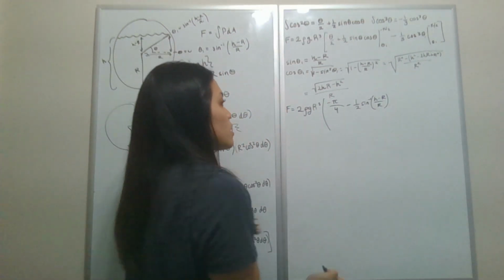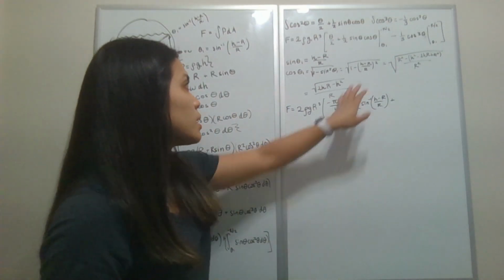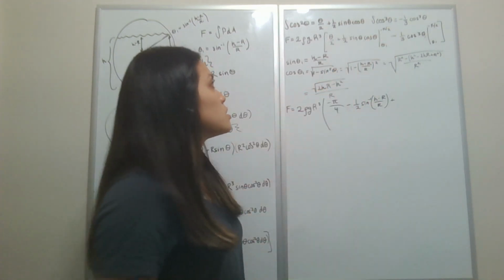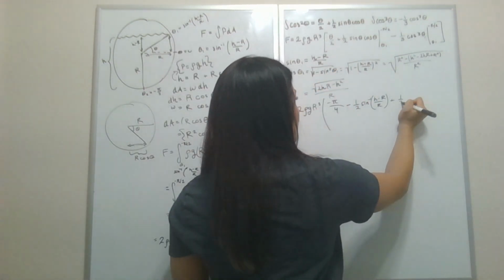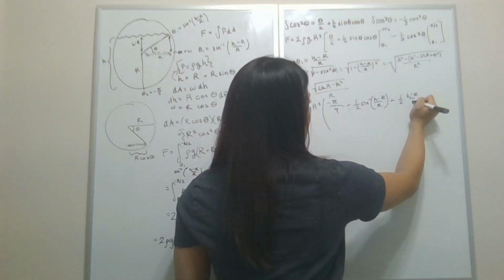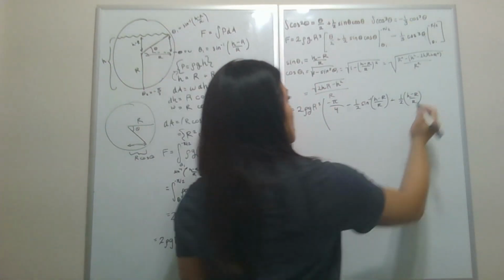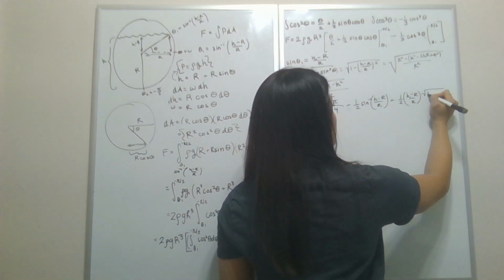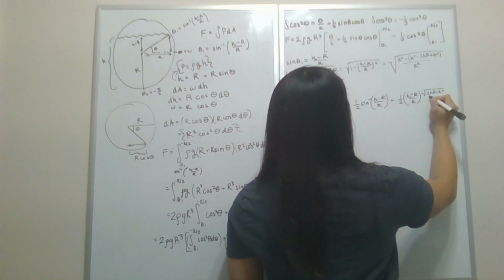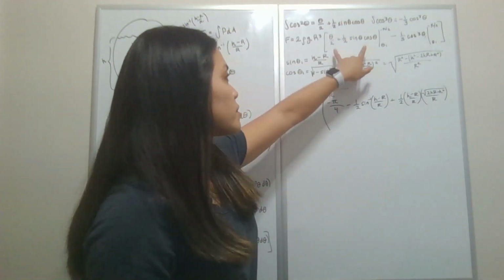And then we're going to add, because you're subtracting a subtraction, if we plug in theta 1 for the 1/2 sine theta cosine theta, we have that 1/2, and then sine of theta 1 is the height minus the radius over the radius, and then we have cosine of theta 1, which is the square root of 2 times the fluid height times the radius minus the fluid height squared, divided by the radius. So that's our first integral evaluated.